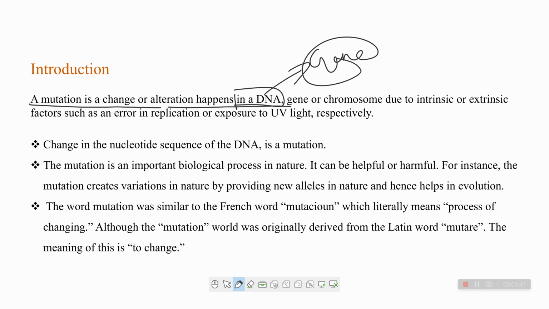Where is DNA located? You know that it is located in the nucleus, in the gene. That DNA is our genetic material. So mutation is a change or alteration that happens in DNA, a gene or a chromosome due to intrinsic or extrinsic factors, such as an error in replication or exposure to ultraviolet or other factors.